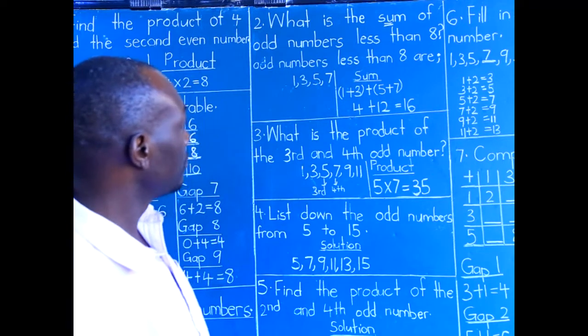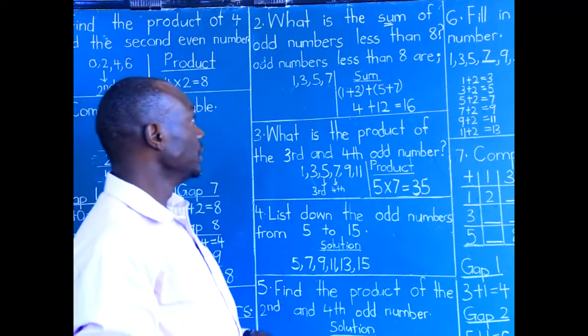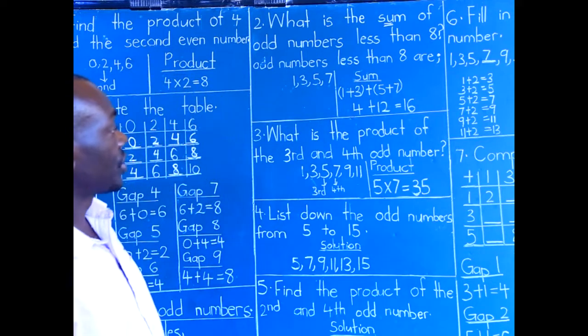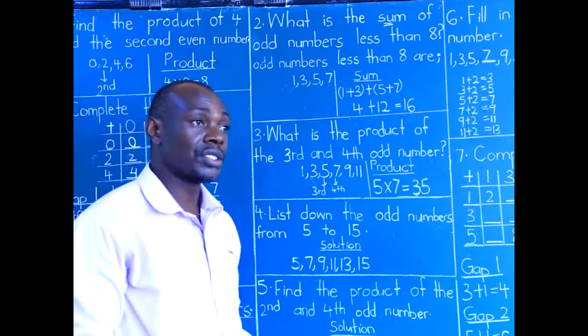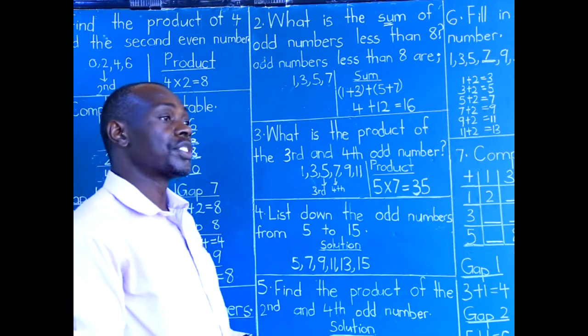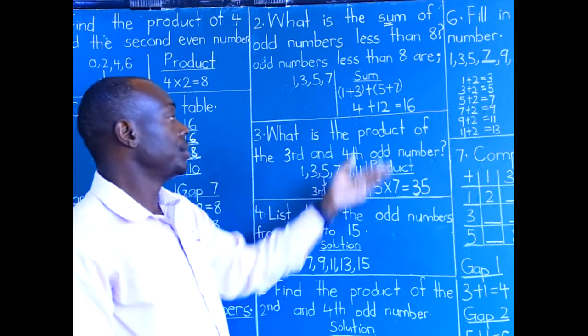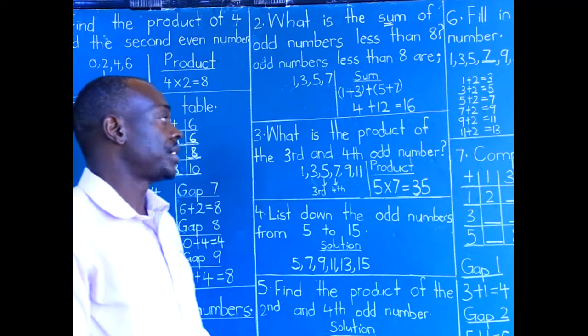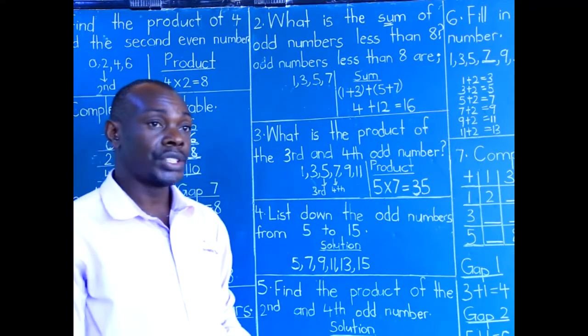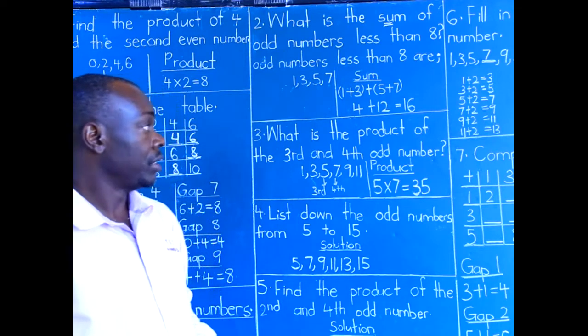So the sum of all odd numbers less than 8 is 16. Please, you must know which ones are odd numbers, know the meaning of sum, and do it accurately. You get 16. And that's the way we answer that question, my friend, P.4.